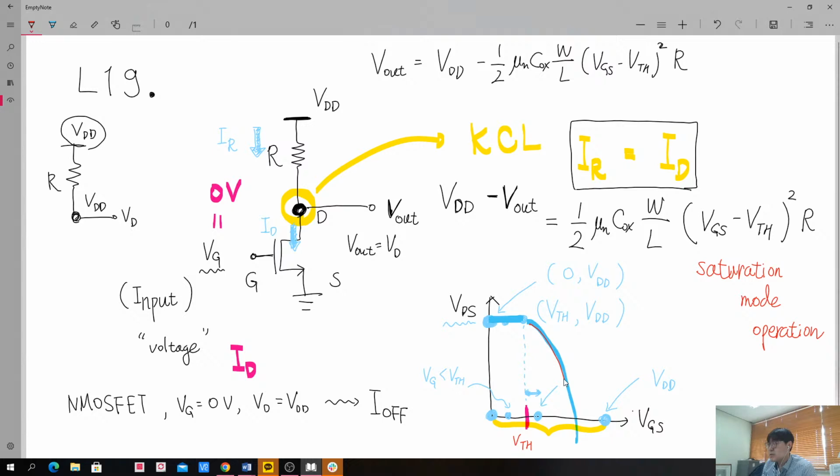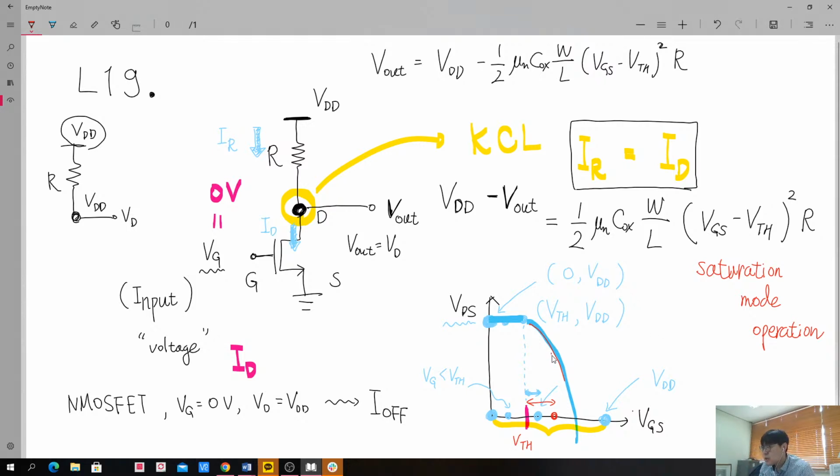Let me think about this one. If we have any point here, what is the gate overdrive voltage? It is given by this difference. Then what is the drain voltage?